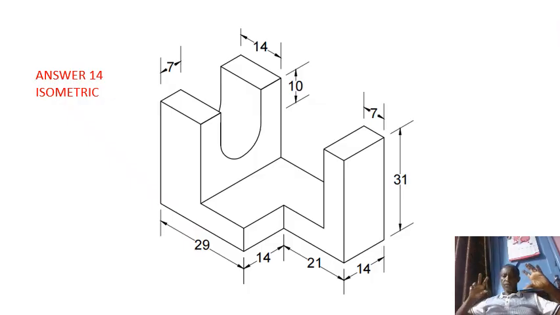You first of all draw a cuboid and then you cut it into the small bits and cut out the pieces that you do not need. So this is basically what you needed to draw. Do not forget to put the dimensions, as many as possible.